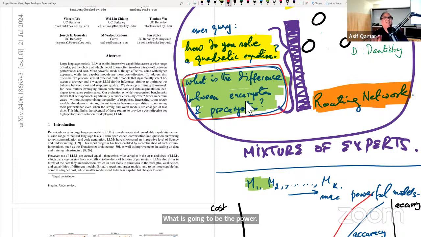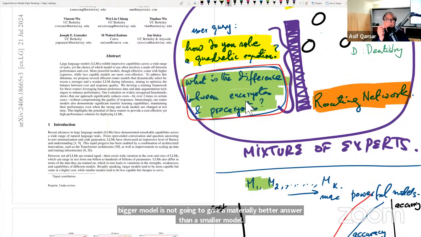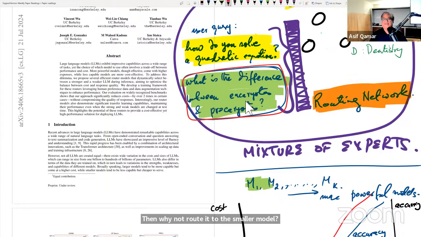If we are reasonably confident that the bigger model is not going to give a materially better answer than a smaller model, then why not route it to the smaller model with maybe a marginal loss of quality, right? A non-material loss of quality. So that is the question that this paper sets out to answer.